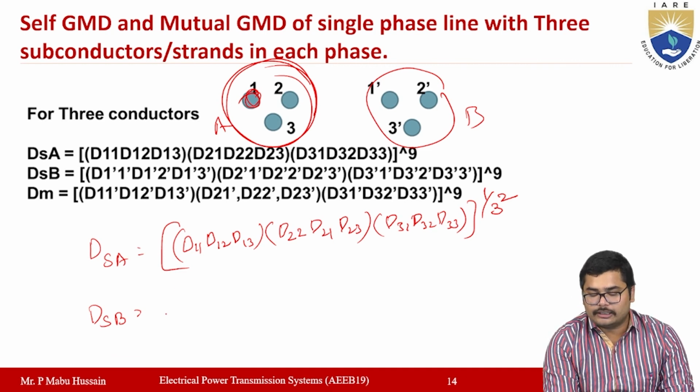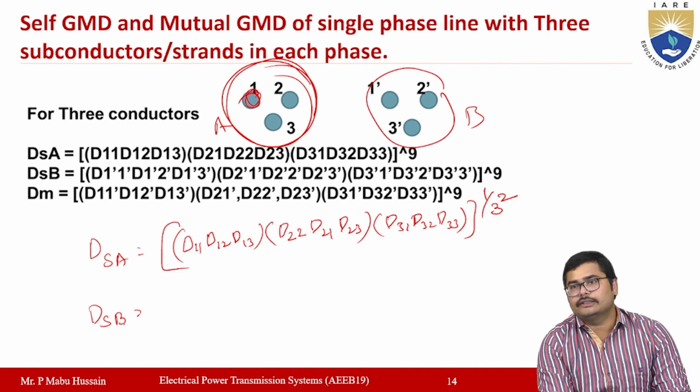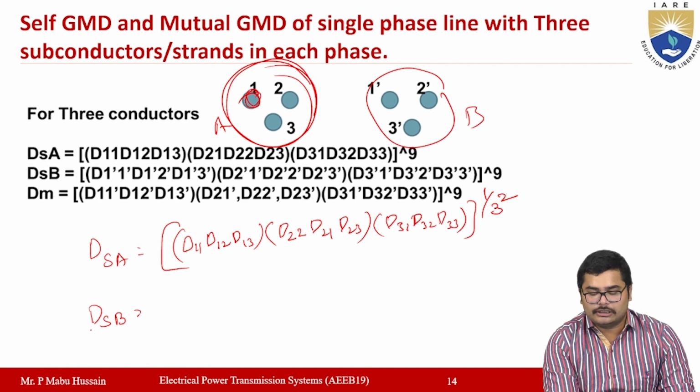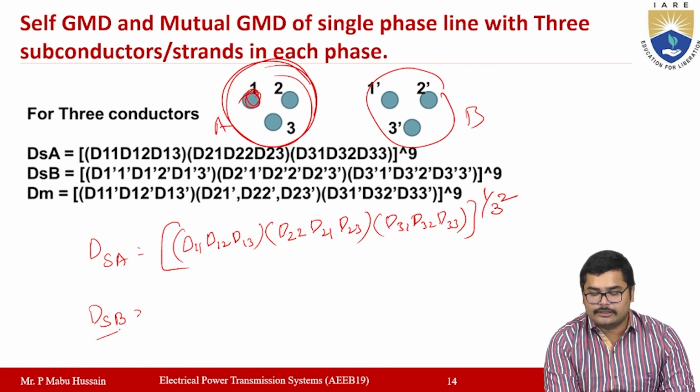Okay. So in conductor B also, if you write the self GMD, that is represented with DSB here.